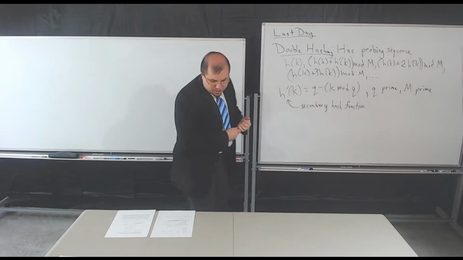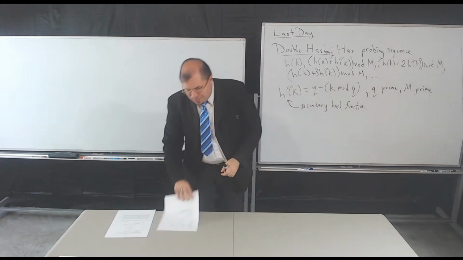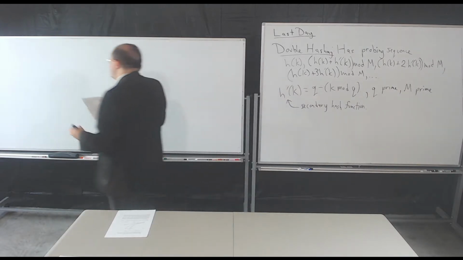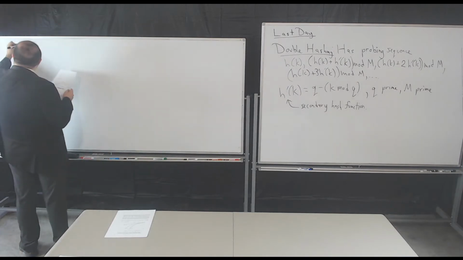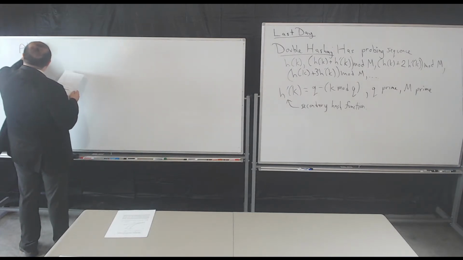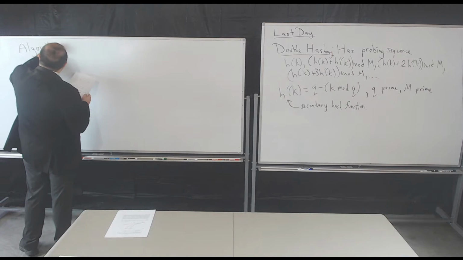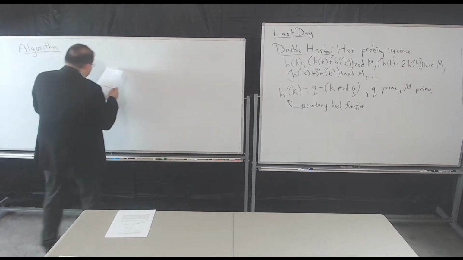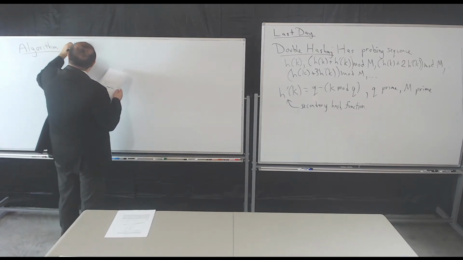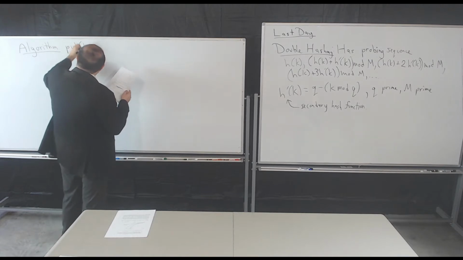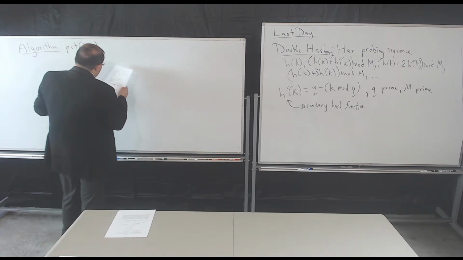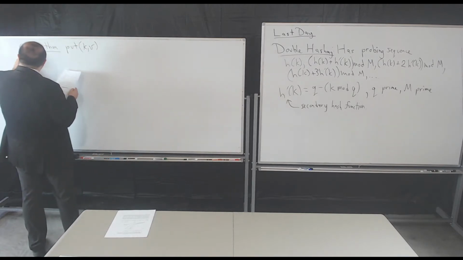Okay? So just to illustrate, because I'm really just going to be giving you effectively the same algorithm again. I'm going to show you what the algorithm for put would look like, and you'll notice it's basically the same as the other one I showed you the other day. The only thing that's a little different is the probing sequence.